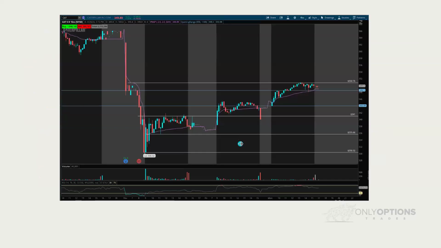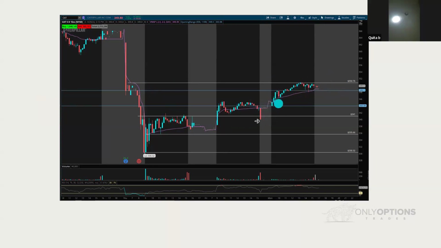I just took 2 samples today. This is an example of Caterpillar today, and you can see on this sample how we are above the VWAP. VWAP is the only indicator that I'm going to use in this lecture. You can take a trade, and then it goes back, and again you have it as a reference of where you are, and then you can add this to your levels.